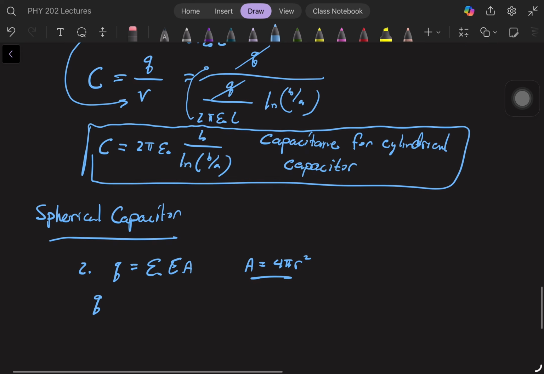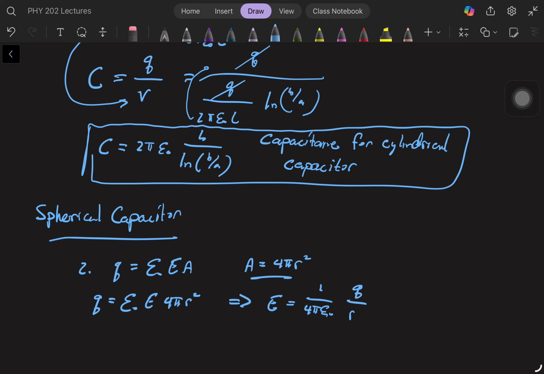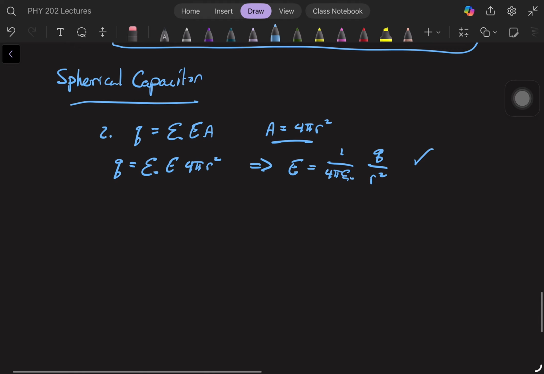And so we get Q is epsilon naught E times 4 pi r squared, which we can go ahead and say E is equal to 1 over 4 pi epsilon naught Q over r squared. Which we've seen before. This should be a comforting equation we got to.